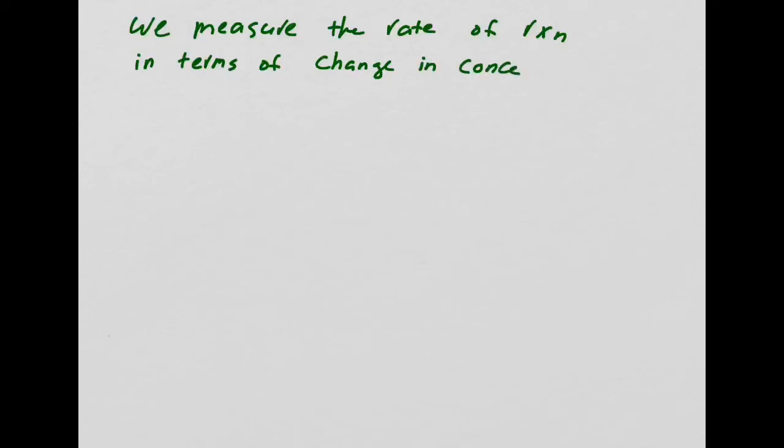I'm writing everything down because I want to make sure you have a really good grasp on the basics before we get a little harder. In terms of change in concentration per unit time. And that's really key. So the way we're going to measure the rate, we're going to look at the change in concentration per unit time.